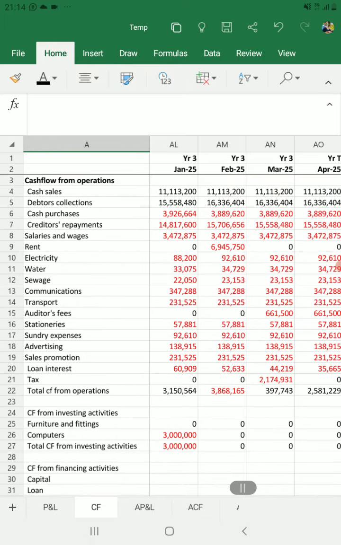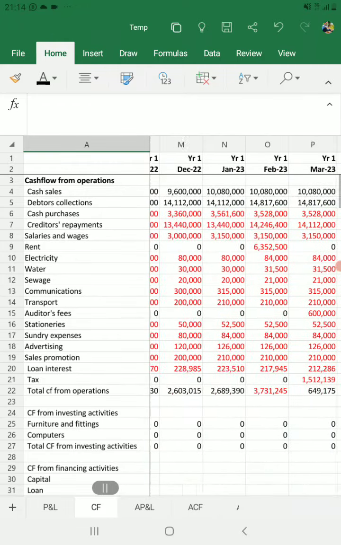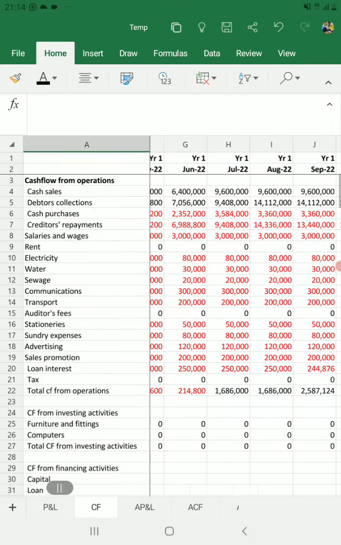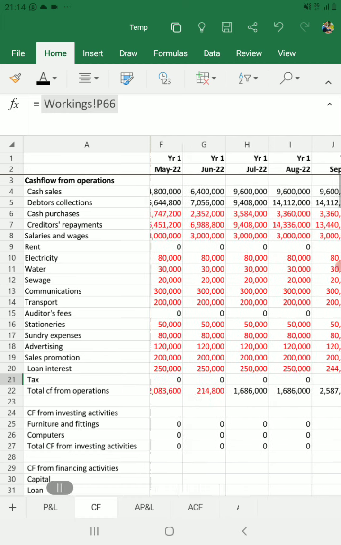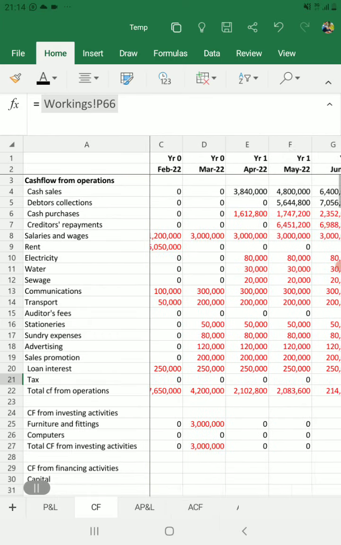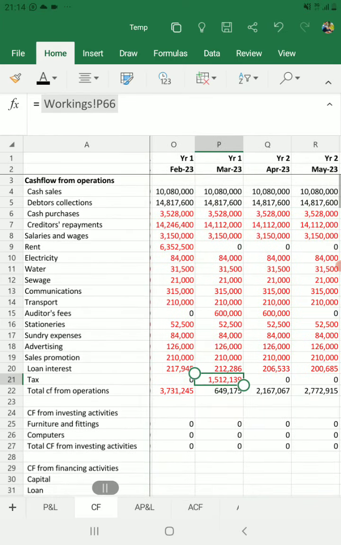Already we have incorporated the tax component, so it's already picked from the profit and loss statements. From the workings, there is a place for working for tax, where we assume that the tax is paid on quarterly basis. So the cash flow for tax here is happening on quarterly basis. So it's also captured here.